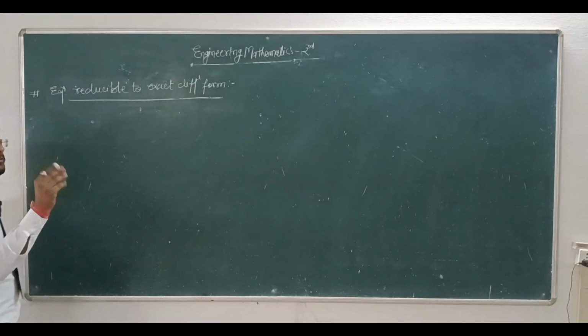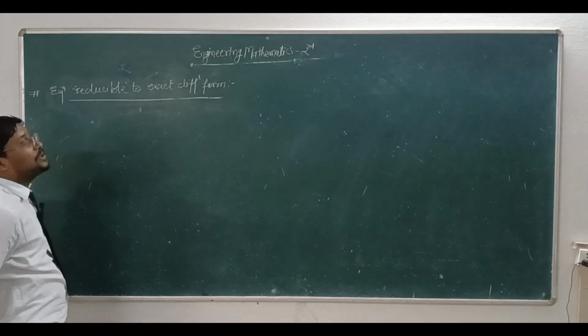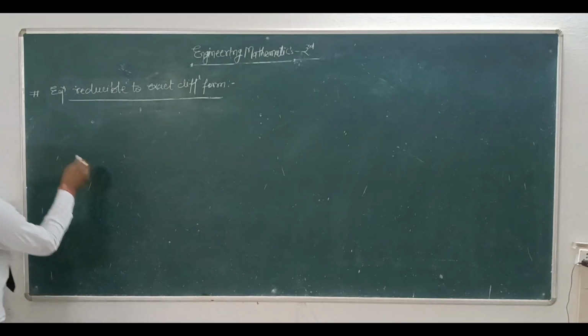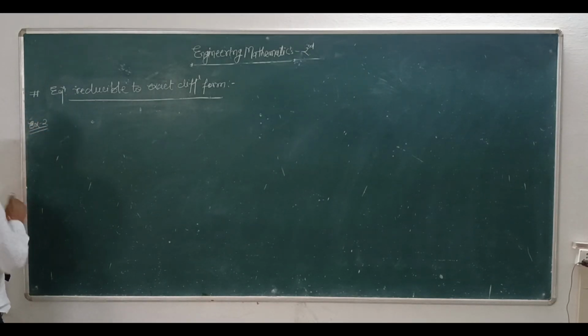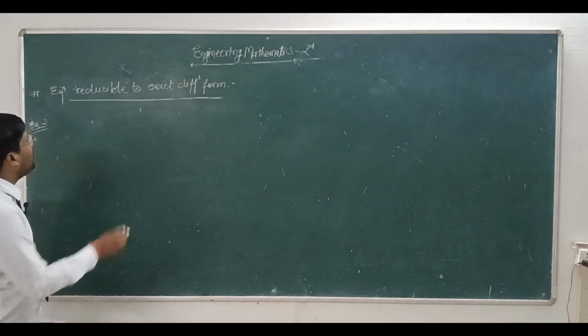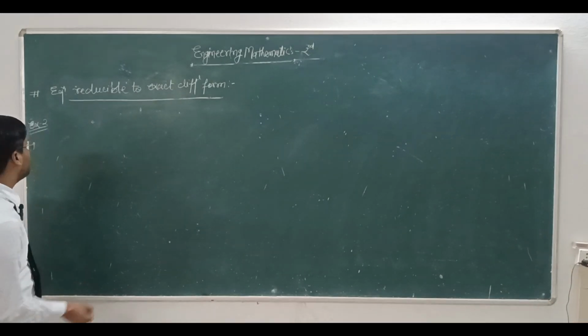You can note down the second numerical related to the equation reducible to the exact differential form. You can note down the second numerical related to the second condition of reducible to the exact differential equation.